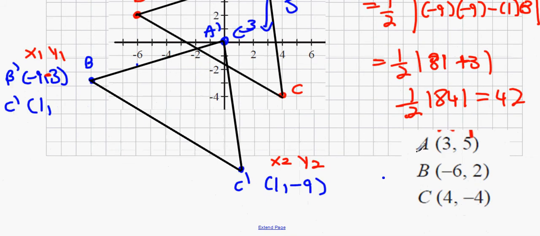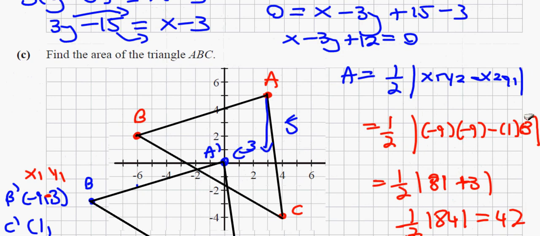Just remember for point B, B dash was minus 9 minus 3, and the double negative made it positive. It's minus 1 times minus 3. Okay.